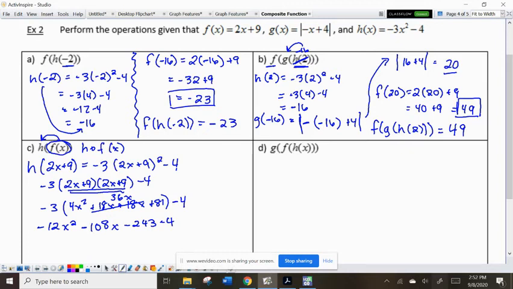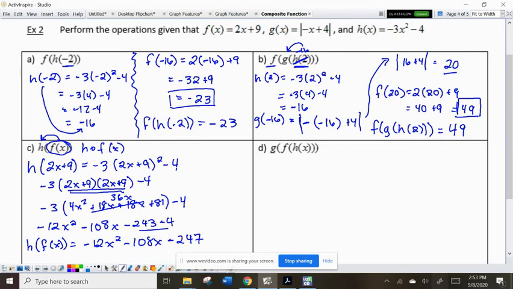And our final answer when we plug the f function into h would be -12x squared minus 108x minus 247. So we're going to combine those like terms for our final answer.